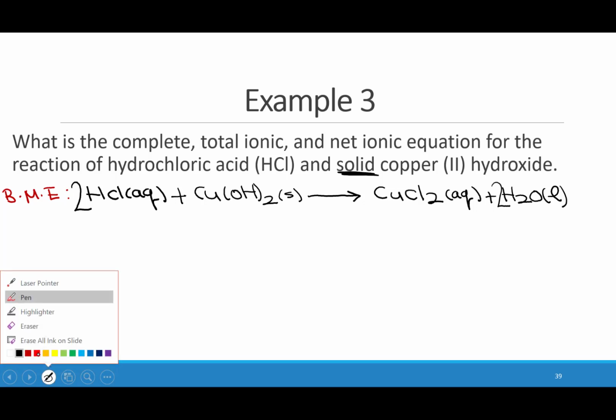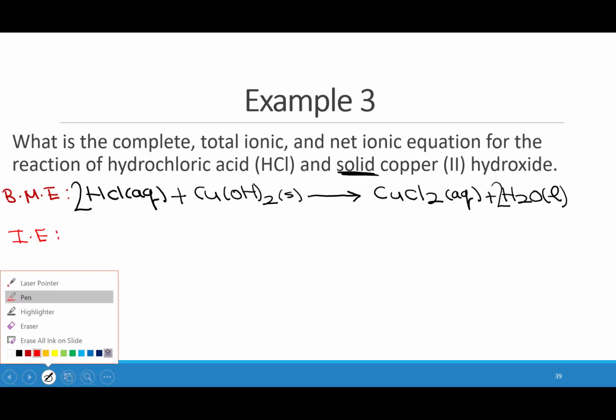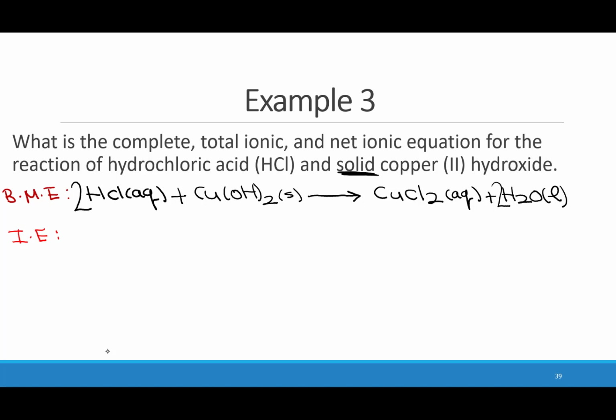Now, I'm going to do the ionic equation. Hydrochloric acid is a strong acid. It will undergo 100% ionization or separation. We get 2 hydronium ions instead of 1, and we also get 2 chloride ions, because of that 2 right here.